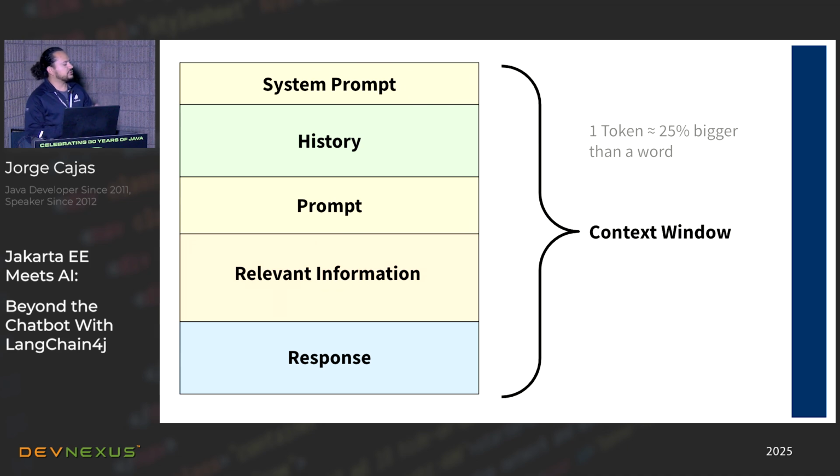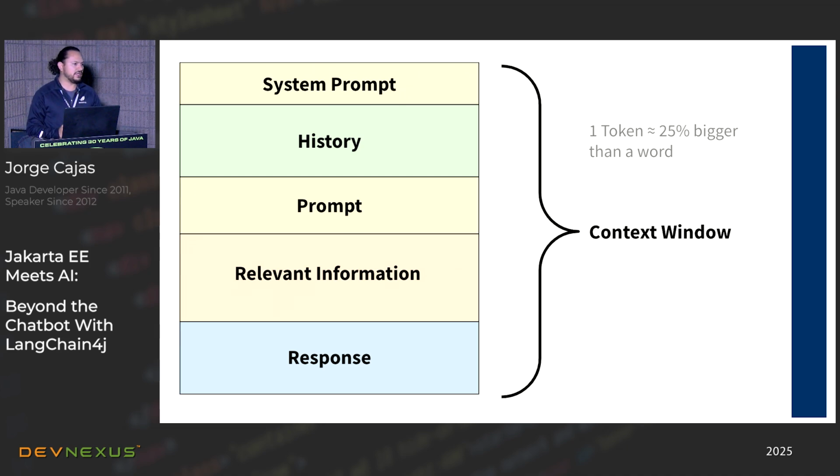Because in this space, you need to have the system prompt, which is basically how you instruct your LLM to behave. You don't want the LLM to just behave as a free being. You want to say, you are going to be a business analytics agent that is going to do this and this and this. So you narrow the options for the LLM.